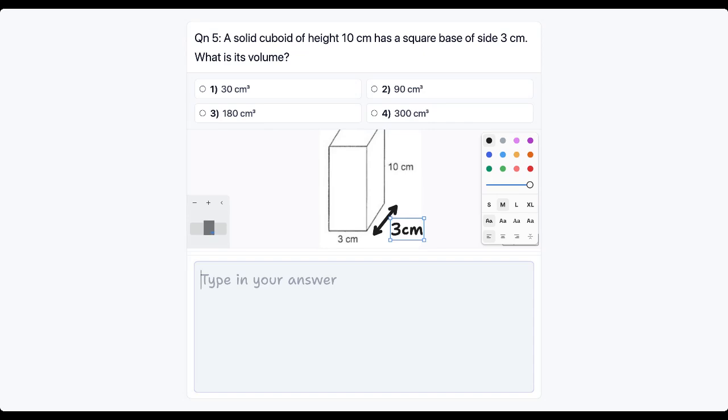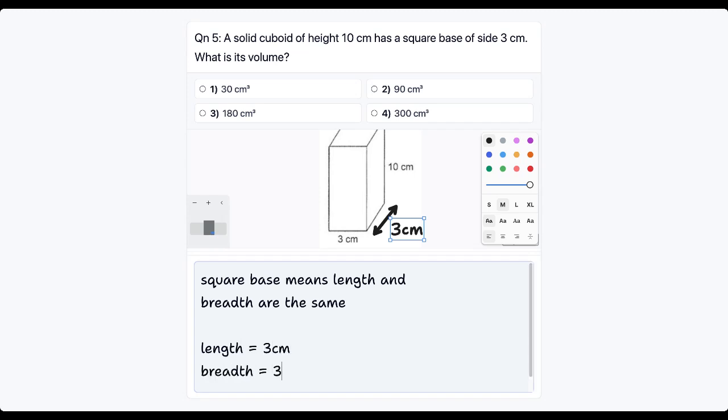Square base means length and breadth are the same. Therefore, the length is equal to 3 centimeters, and the breadth is also equal to 3 centimeters.